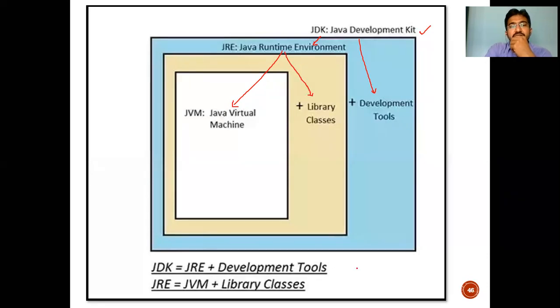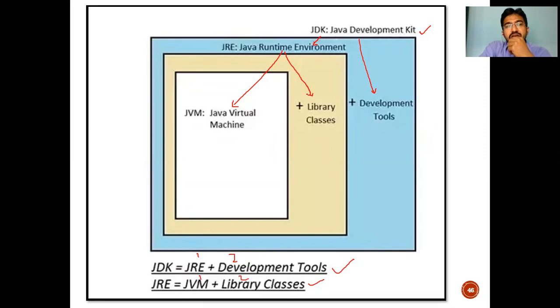So simply we can say, JDK equals JRE plus development toolkit, whereas JRE equals JVM plus library classes. Where is JRE available? In JDK. Where is JVM available? In JRE. So remember that too.